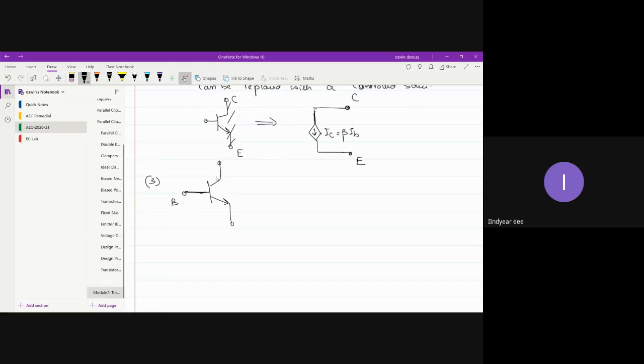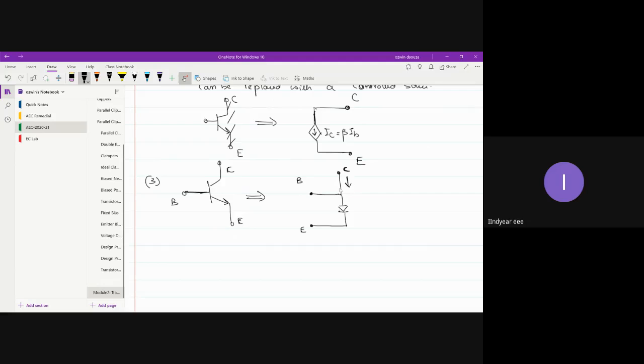So this is base, collector, and emitter. This can be represented something like this, as I have already told you. This is base and emitter. So between base and emitter, you can place a diode, right? And this is what the collector terminal looks like.